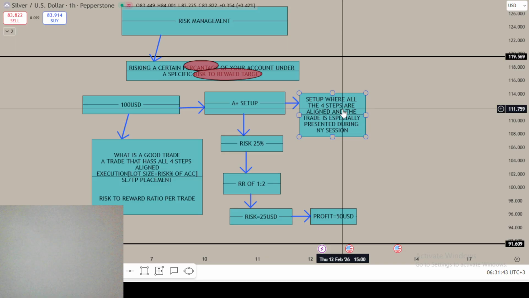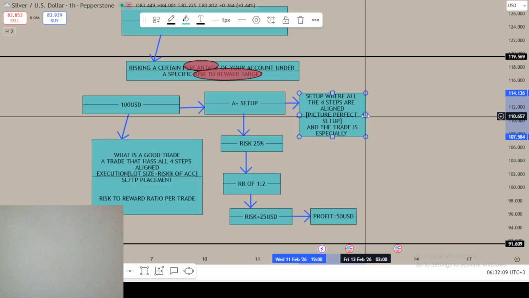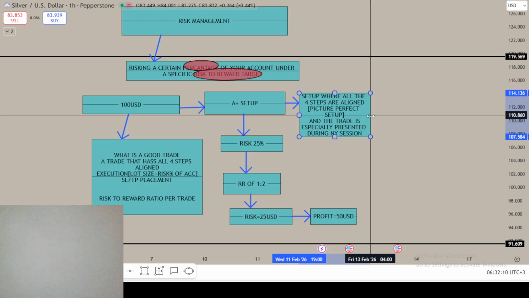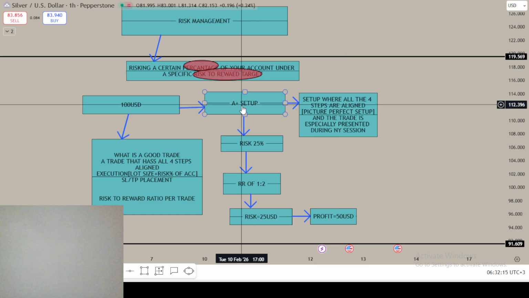Let me just put into brackets, picture perfect setup. It's a setup where everything looks right. When a setup presents itself and you see this is an extremely picture perfect setup, that is an A plus setup.